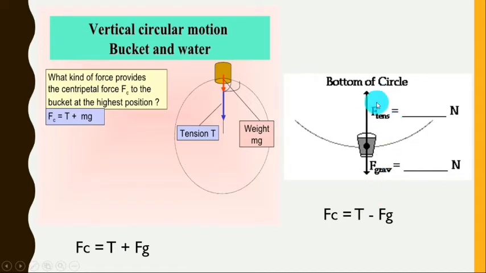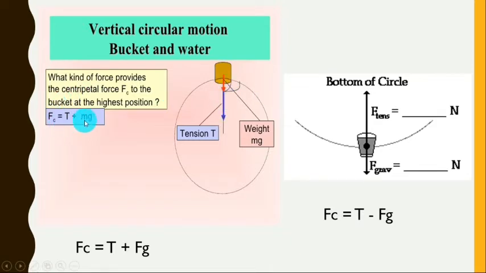Tension is positive because it is directed toward the center of the circle. Because in circular motion, any force acting toward the center, we assume that this force is positive. Any force away from the center is negative.